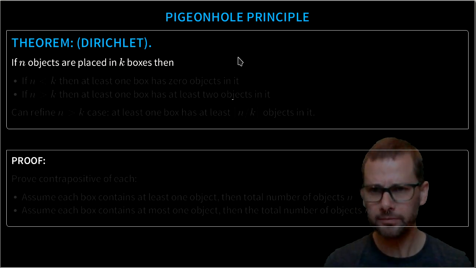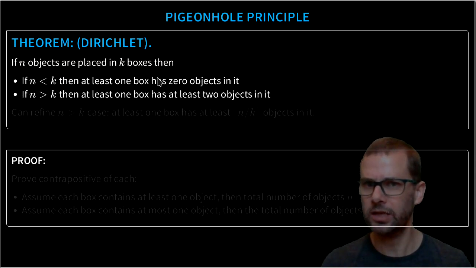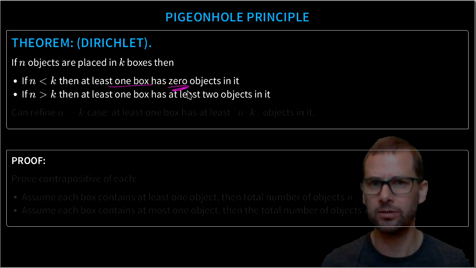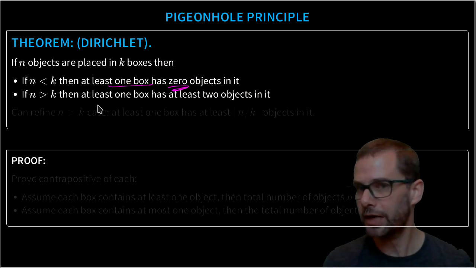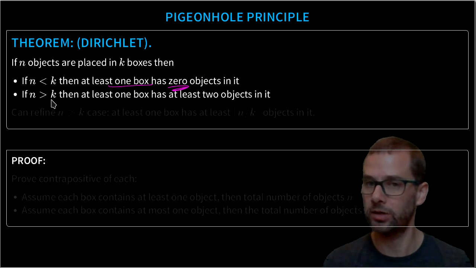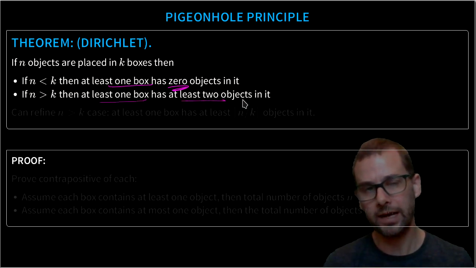What can we say? Well, if we have fewer objects than boxes, then at least one of the boxes, doesn't matter how we put the objects in things, at least one box has 0 elements in it. So one of the boxes is completely empty. On the other hand, if we have more objects than boxes, well then at least one box has at least 2 objects in it.